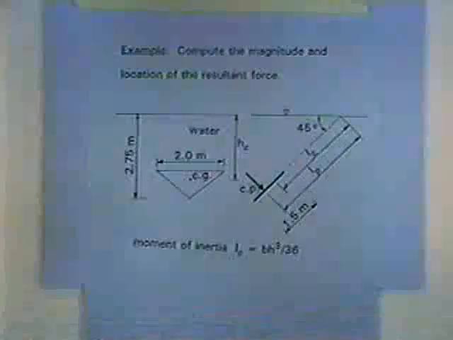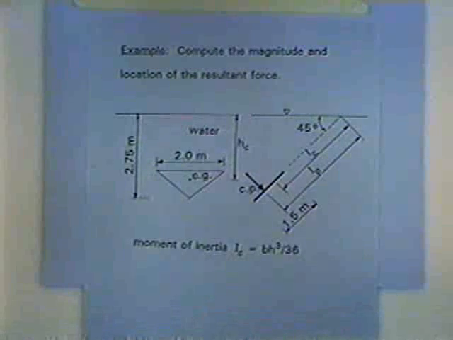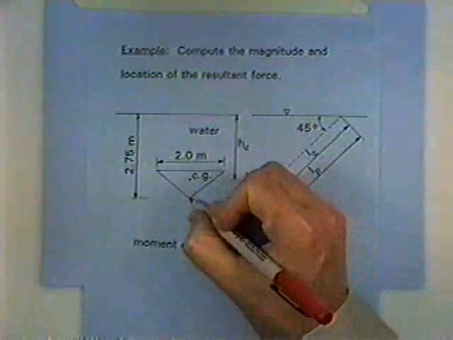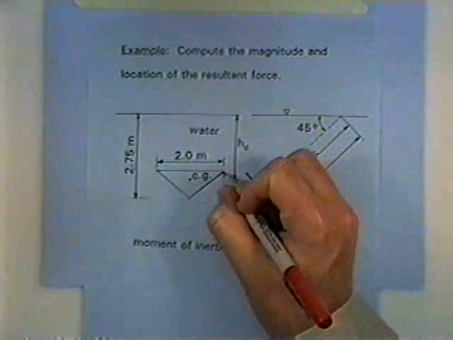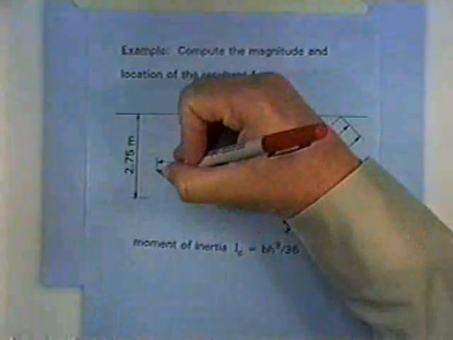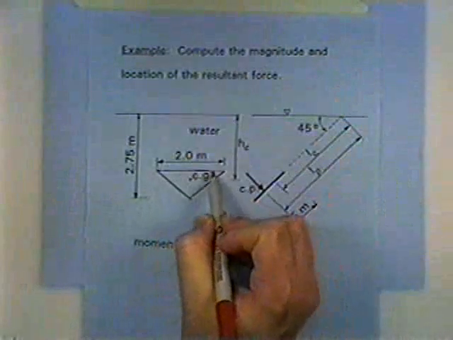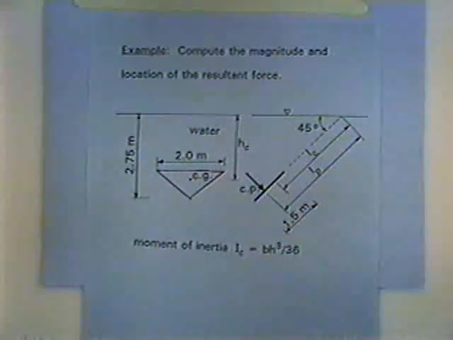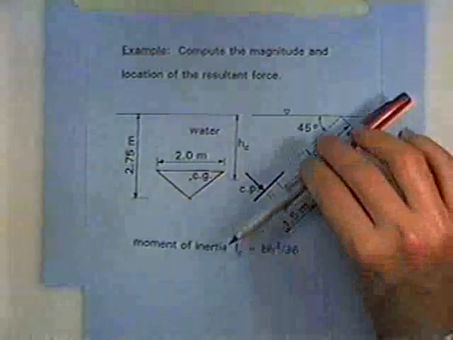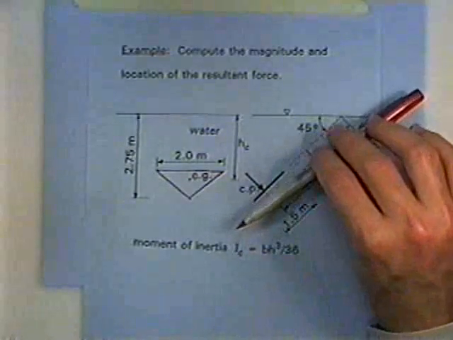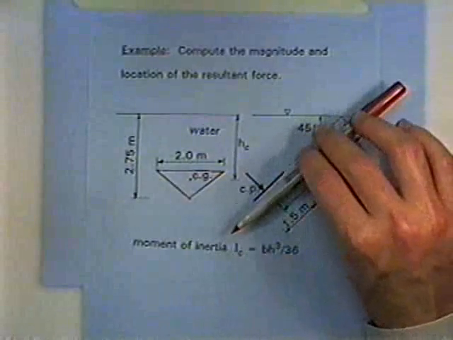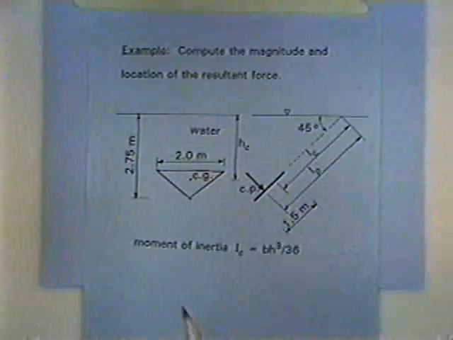So in this first example, we are dealing with a figure, and it's triangular in shape. So we're just saying there's some sort of a structure. The fluid is water, and down in the water some distance is this structure that has a triangular shape, and you'll see from the diagram that it's not vertical nor is it horizontal, but it's at an incline, a 45-degree incline.